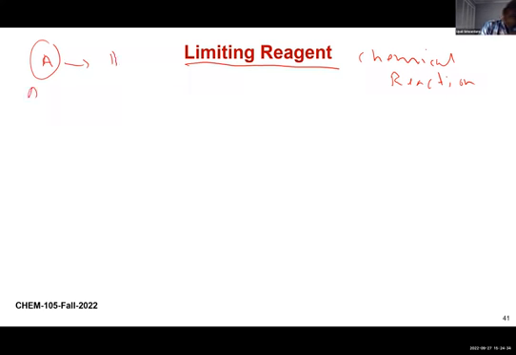If you have 2 reactants, this is B. It depends on this 1:1 mole ratio, how many moles of A or B. If one of them is limiting, that means it is used up first, it limits the number of grams of C.